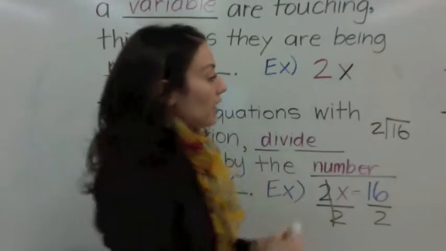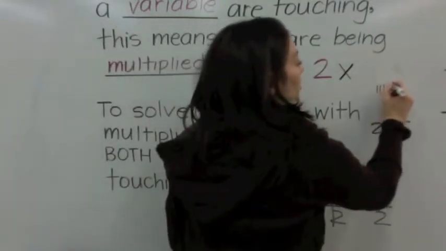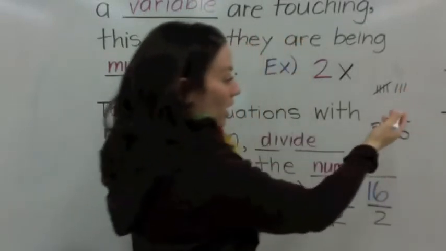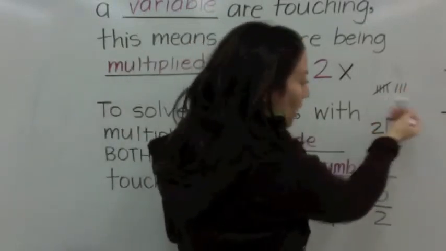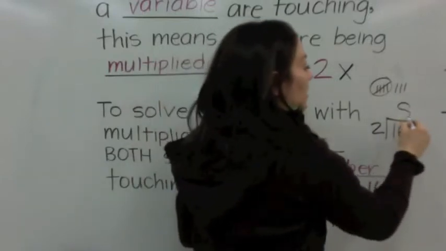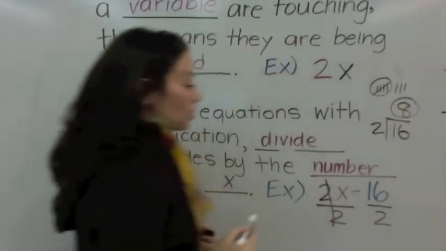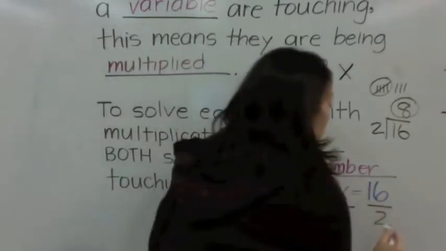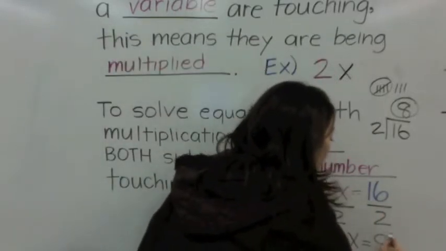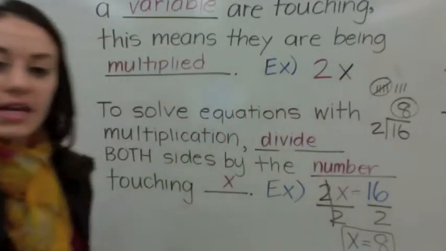If you counted, it would be 2, 4, 6, 8, 10, 12, 14, 16. And when you count the tallies, you have 5 plus 3. 5 plus 3 is 8. So the quotient is 8, or the answer is x now equals 8. Okay? Go ahead and get that down.